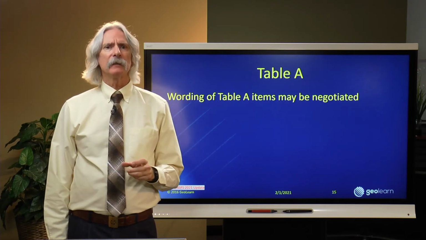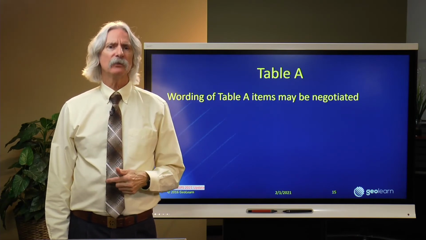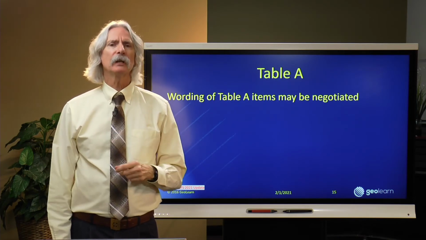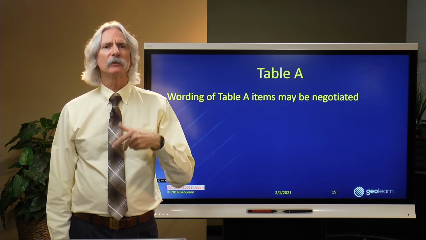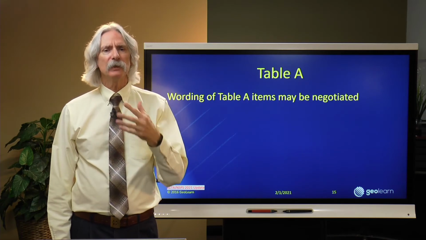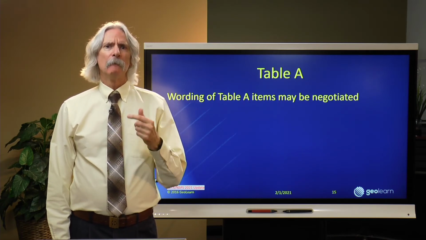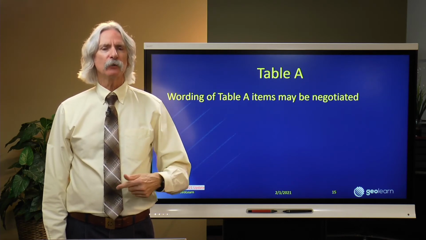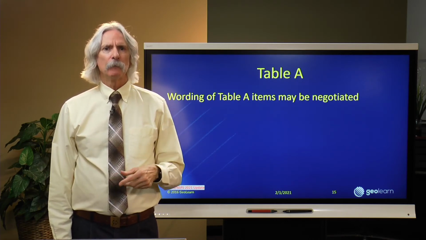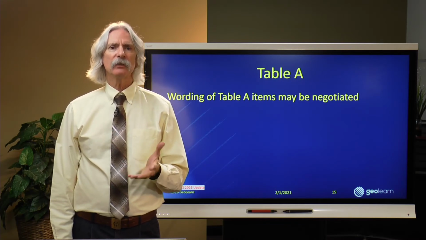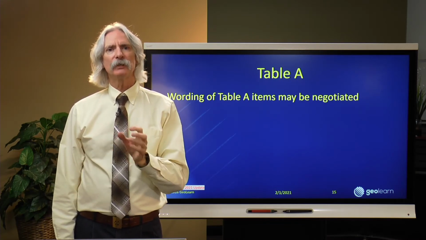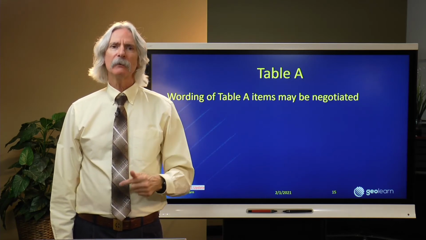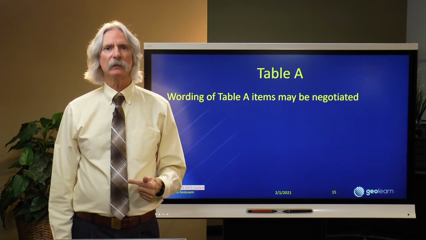In Table A, there are a number of changes to Table A. And the changes start with the introductory comments, the introductory sentences before you even get into the table. One of the interesting things that happened while we were working on the 2021 standards was that I came to the realization that many surveyors did not realize that the actual wording of a Table A item can be negotiated.